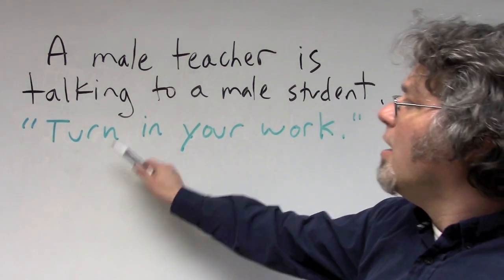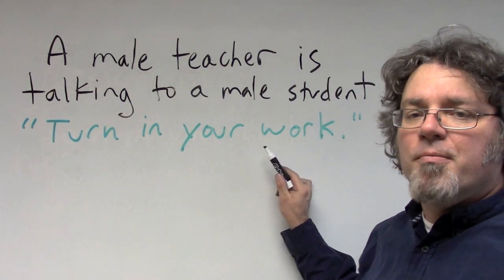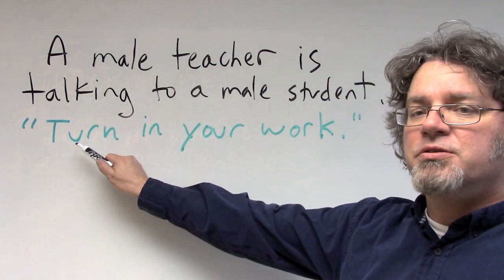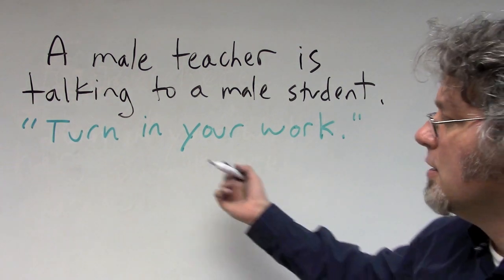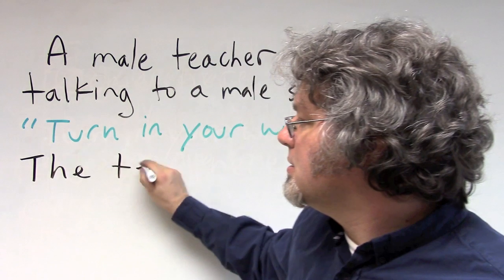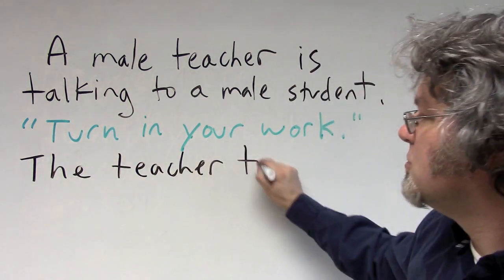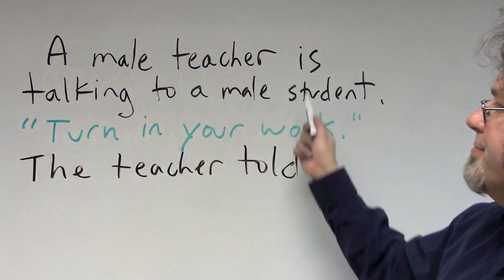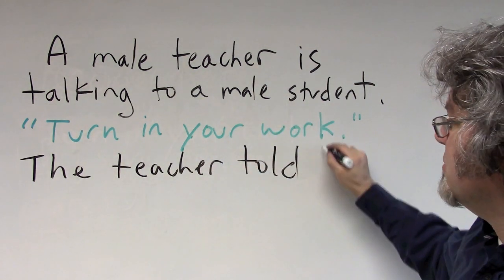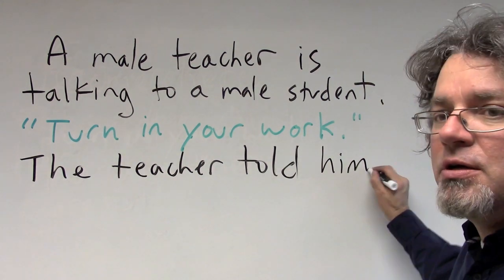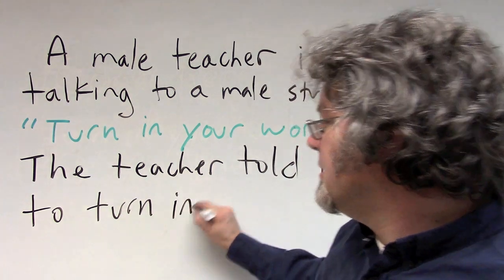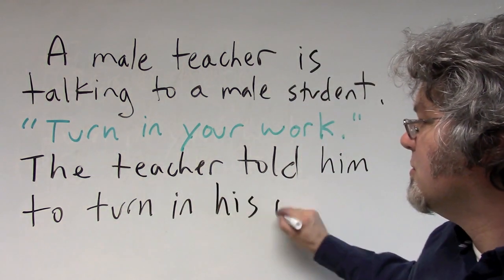In this example, a male teacher is talking to a male student, and the teacher says, "Turn in your work." So I begin with a teacher. The teacher told, now I can say a male student, or I can use the pronoun, the teacher told him to turn in his work.